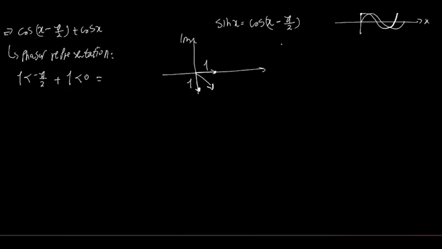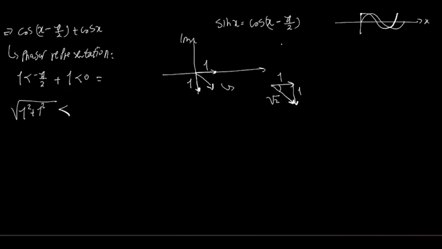So the magnitude of the resultant is going to be the square root of 1 squared plus 1 squared, and then the phase shift. Let's focus on this. We have this vector here and this vector here, and this is the resultant. We know this is 1, and this is 1, and this is root 2, which is the square root of 1 squared plus 1 squared.